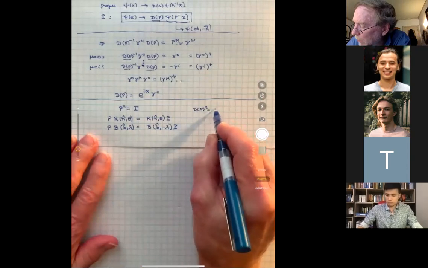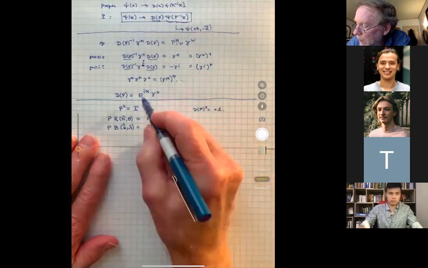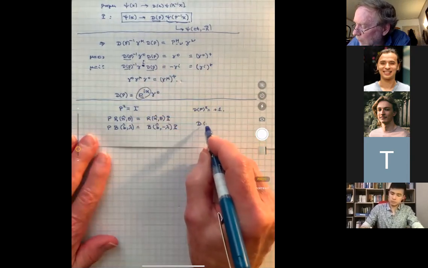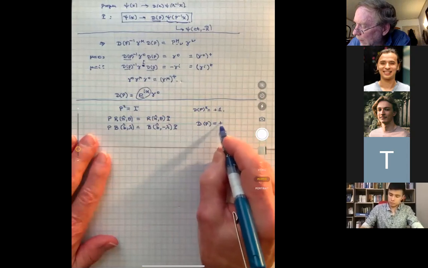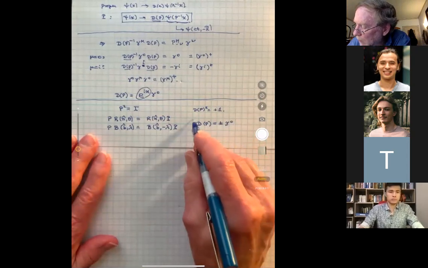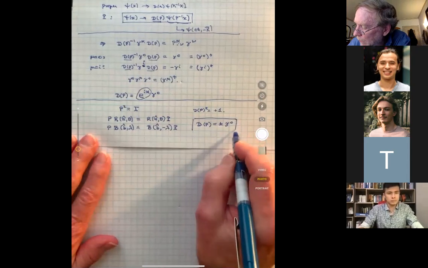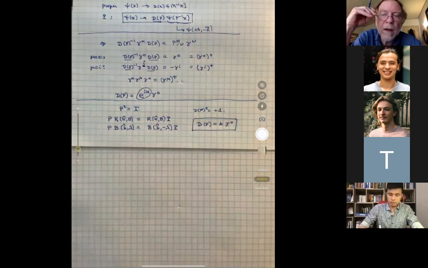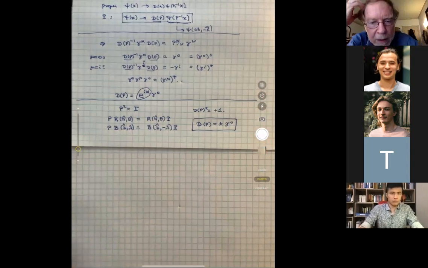Well, then the representation property, looking at P squared equals I, tells us that D of P squared should be equal to plus 1. And that means that this phase factor can only be plus or minus 1. And so we get D of P is equal to plus or minus gamma 0, like so. Let me box that, because that's the end conclusion of the derivation of the spin matrix needed to implement parity.